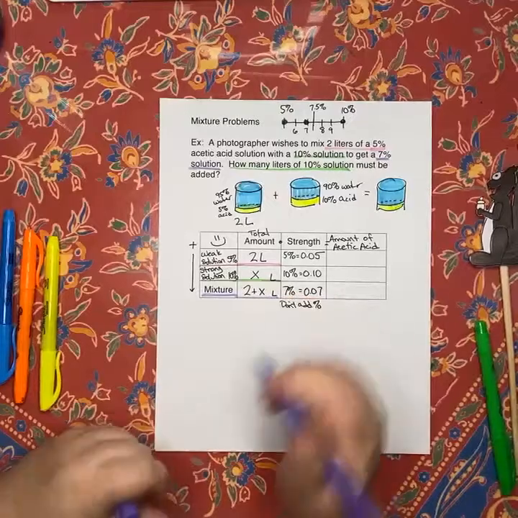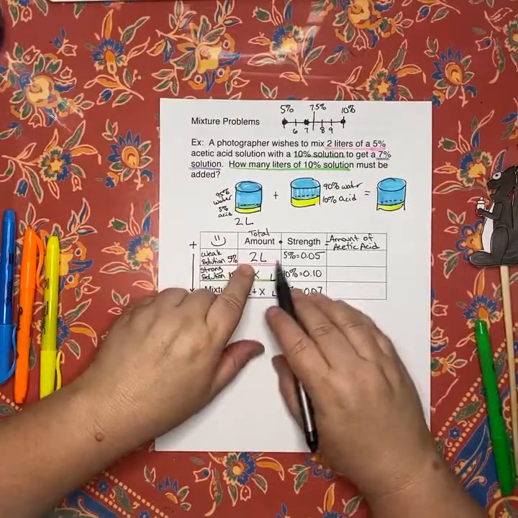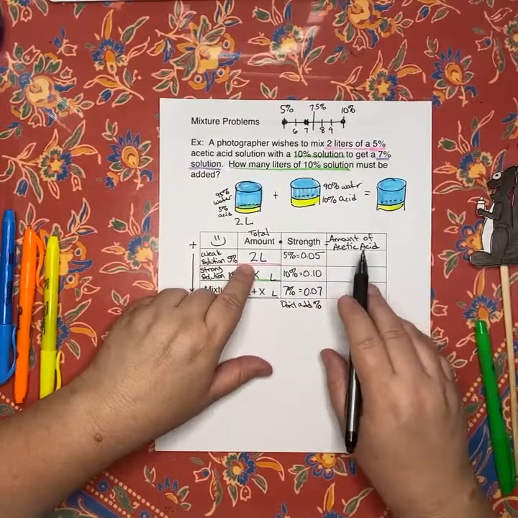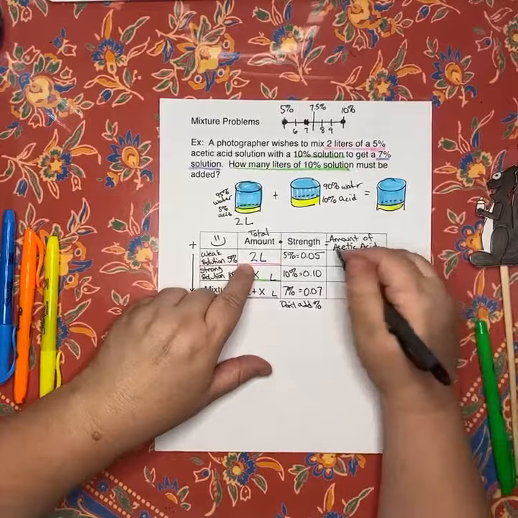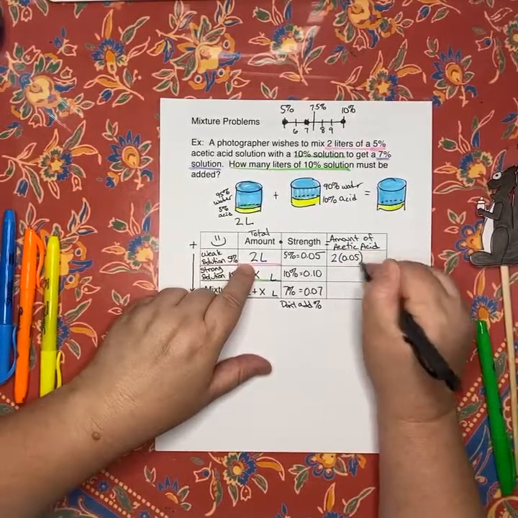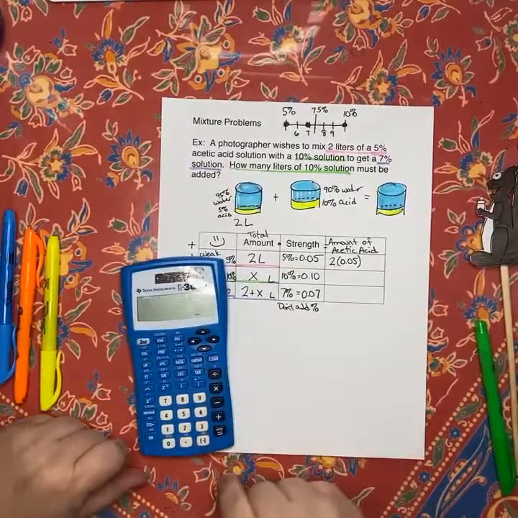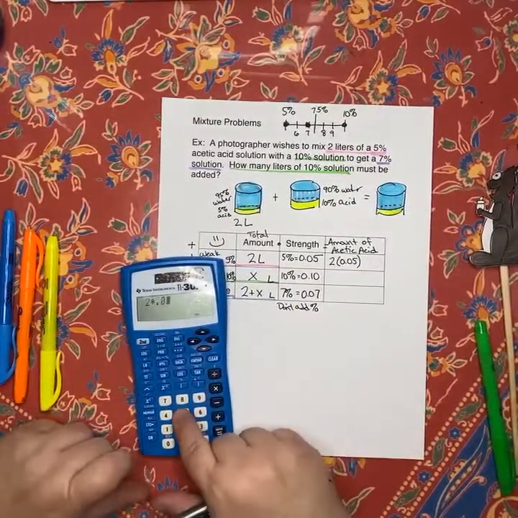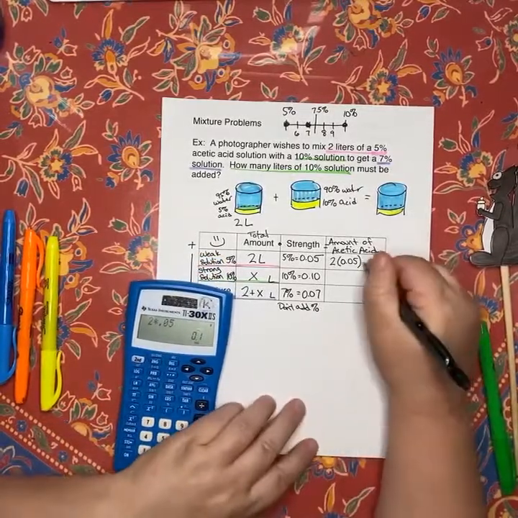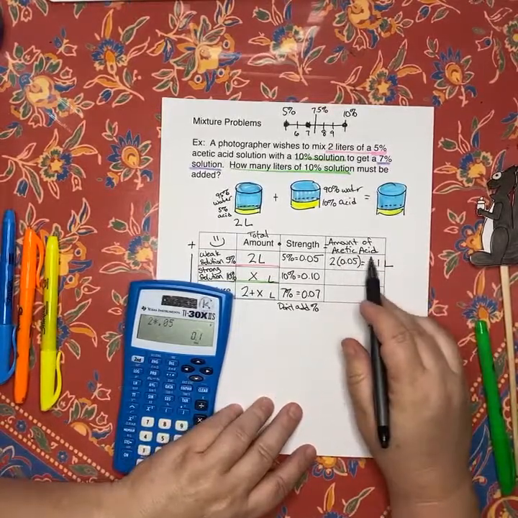So now I claim if I take 2 liters times the strength 0.05, I will get how much acetic acid is in there. So I'm going to take 2 times 0.05, and I'm going to end up with 0.1 liters of pure acetic acid.